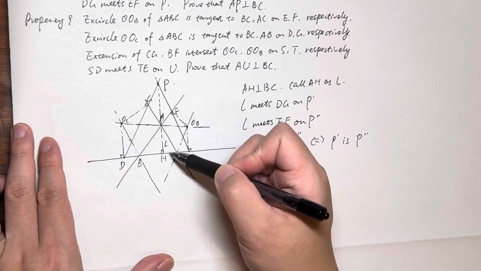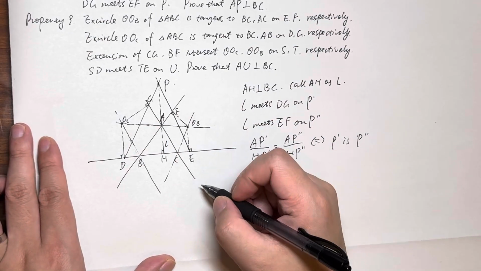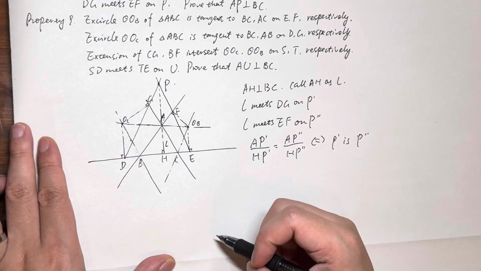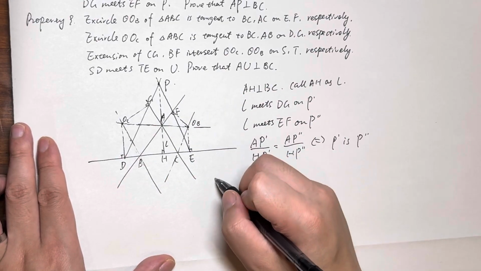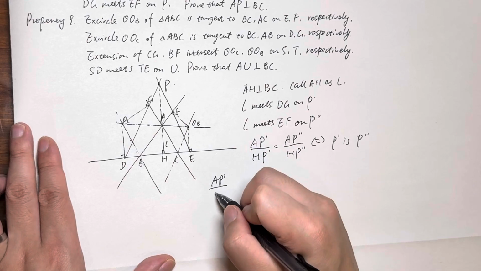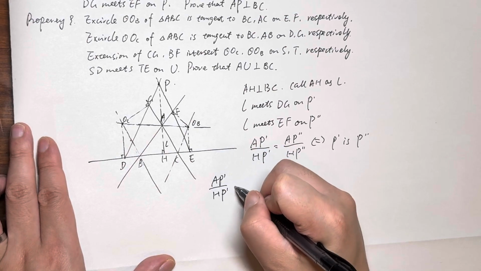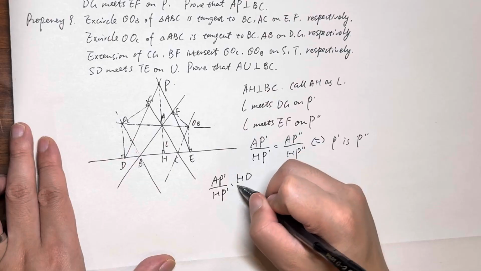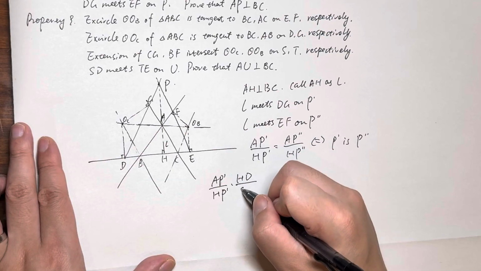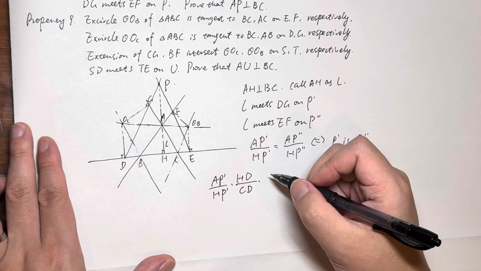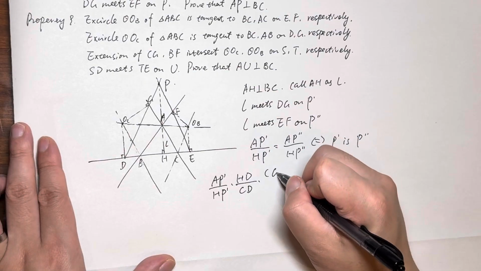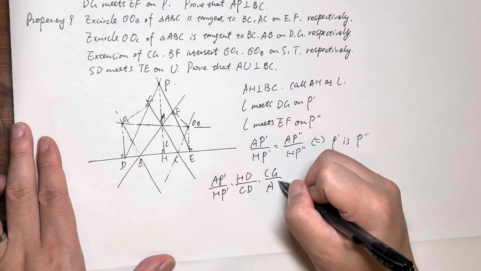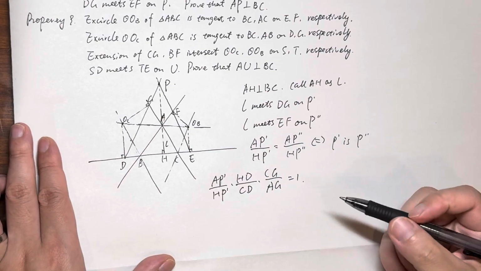The very simple idea is to use Menelaus' theorem on triangle AHC and the line DGP prime. So we have AP prime to HP prime times HD to CD times CG to AG equals 1, right?